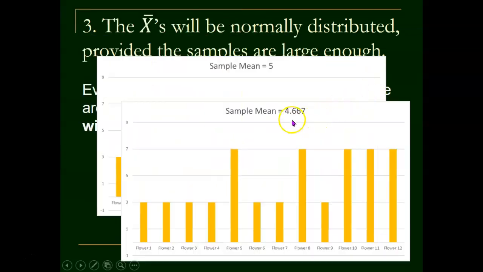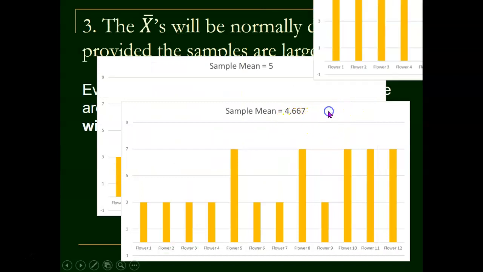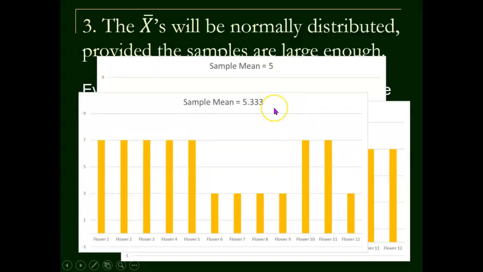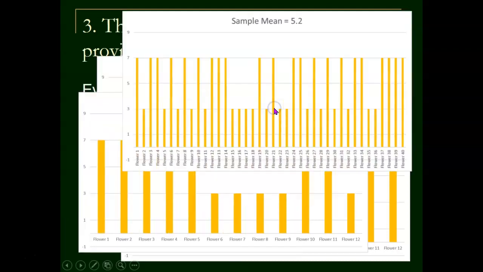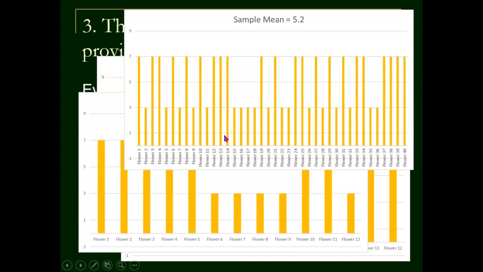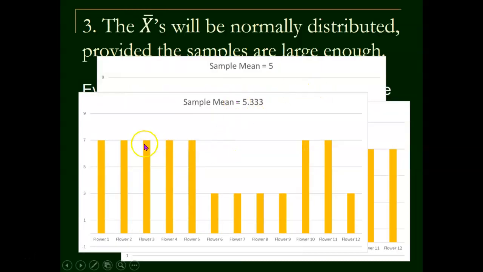Might be a little less than that, like 4.667. Might be a little more than that, like 5.333. But different samples would have different means, and all those different sample means would at least approximately follow a normal distribution. And it would be even closer if you had bigger samples.